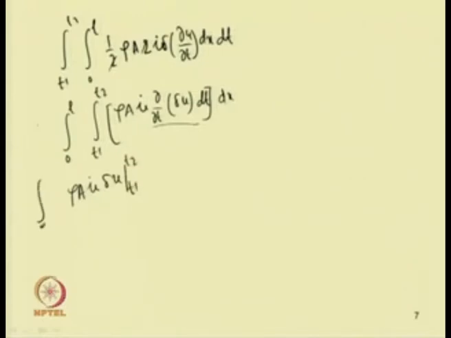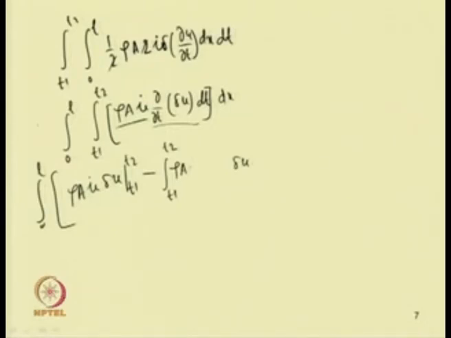So one can have this 0 to L outside, and so rho A u dot del u, so this minus, then one can have integration T1 to T2, then this del u into derivative of this first term. So derivative of this first term becomes rho A, so u dot derivative becomes u double dot.